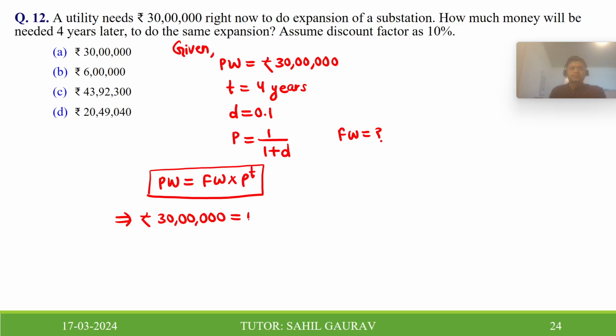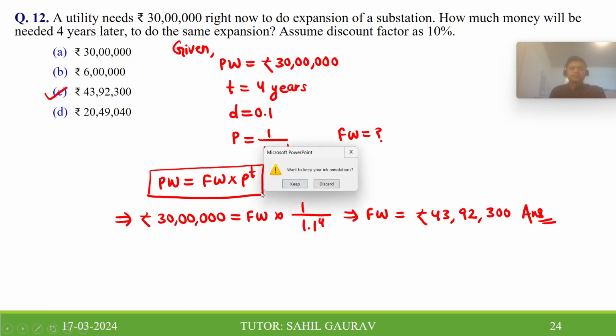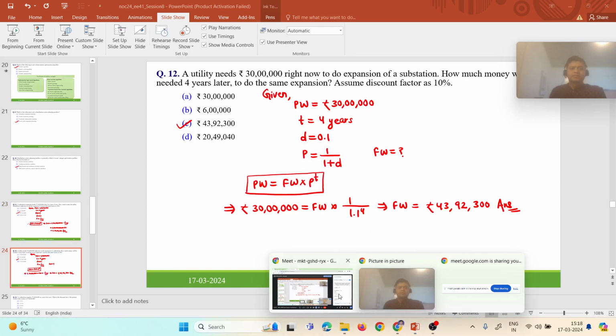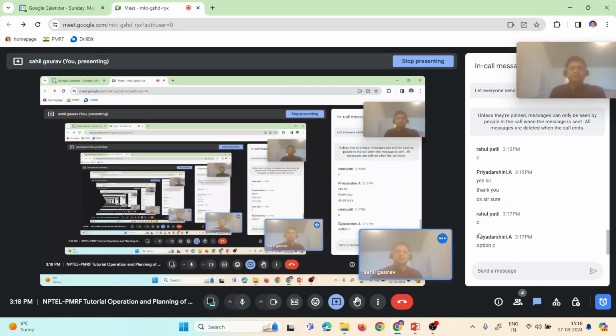So future worth is 30 lakh upon 1 upon 1.1 to the power 4. It will give you rupees 43 lakh 92,300. Option C is correct.